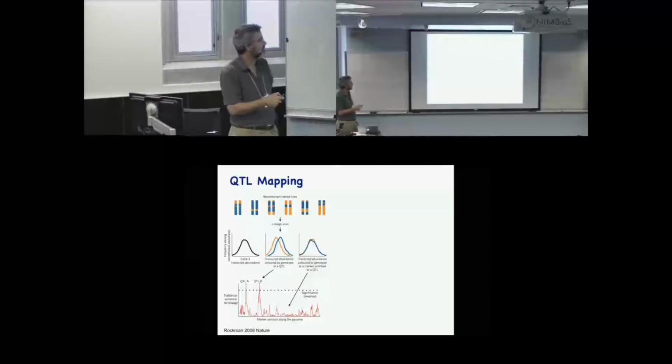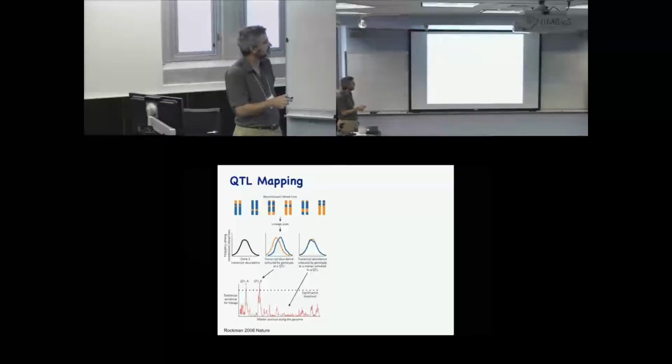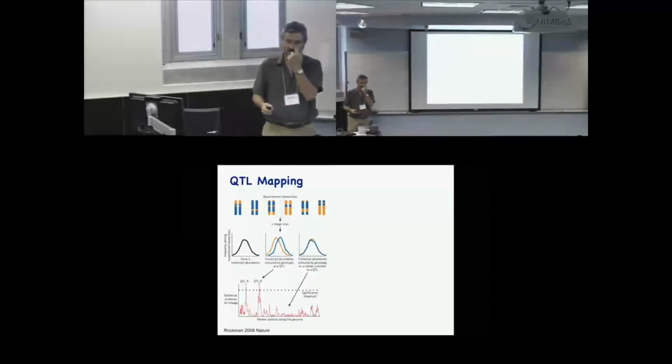But in general, what happens is that you have a set of lines that are somehow genetically variable. In this case, these are recombinant inbred lines that I'm showing on the slide. And you can imagine just scanning across each section of the genome. So let's take this first section up here. We just scan across on a marker, and there's either going to be orange or blue at that given marker. And you just divide the samples, the different lines, into two groups.